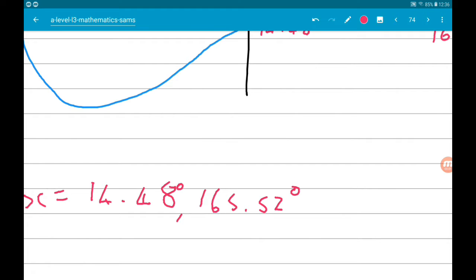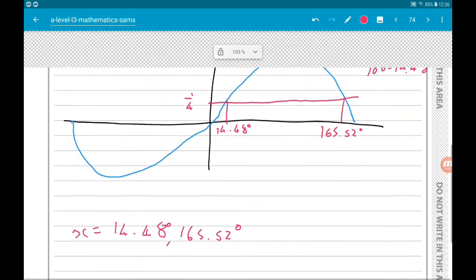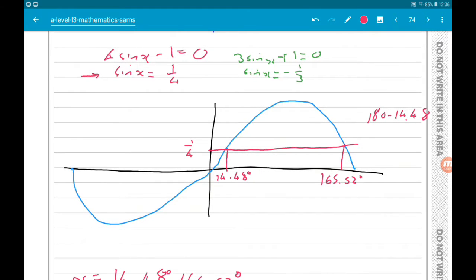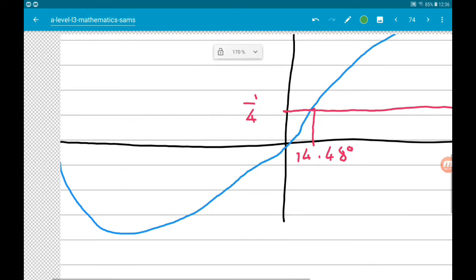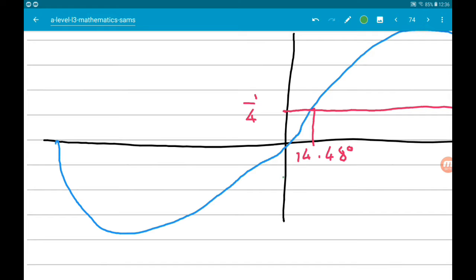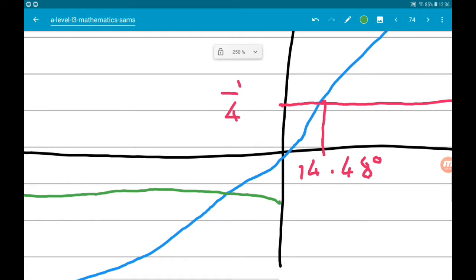Okay, so that's the 2 from that part. Now we want to do sine of x is equal to minus 1/3. So they are going to be over here.